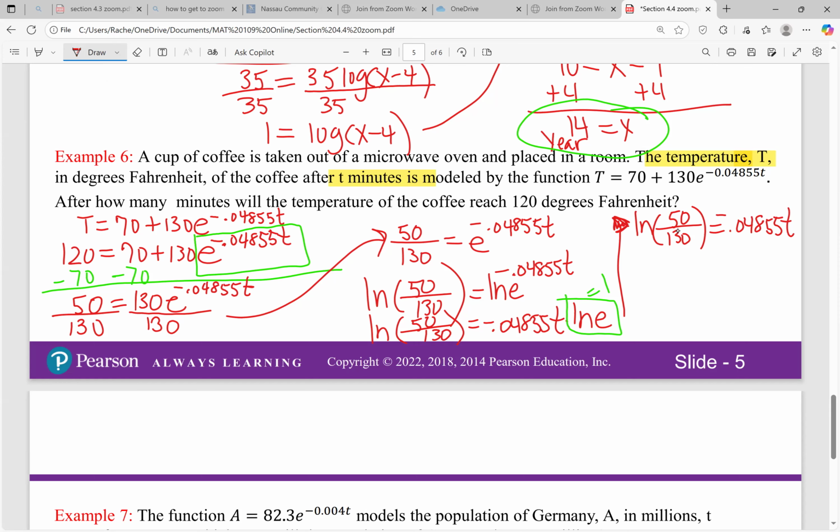Well, we divide by negative 0.04855 on both sides. So t is equal to the natural log of 50 divided by 130, divided by negative 0.04855.